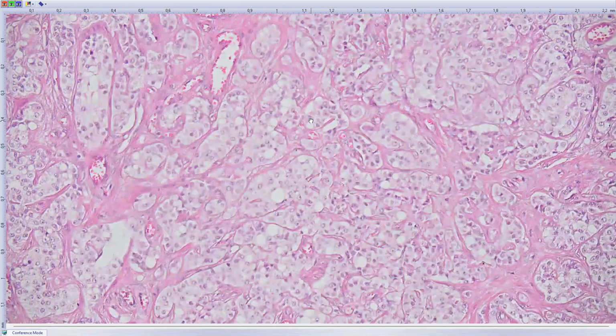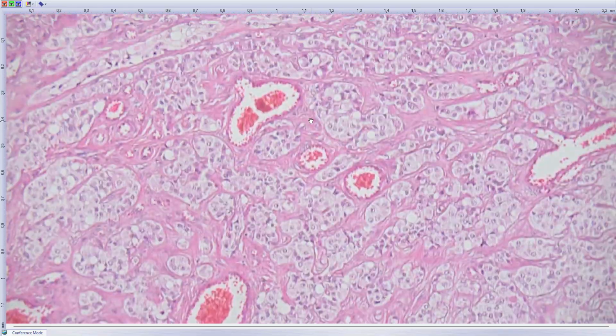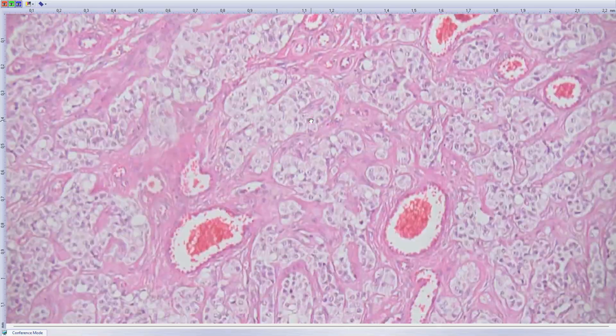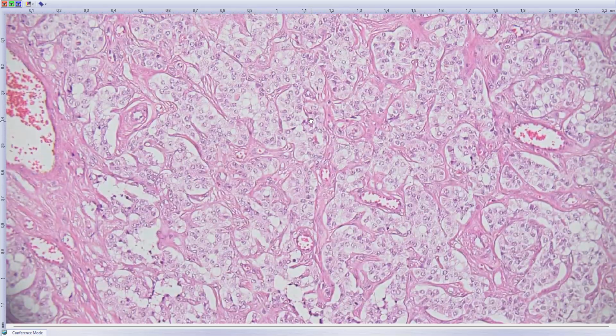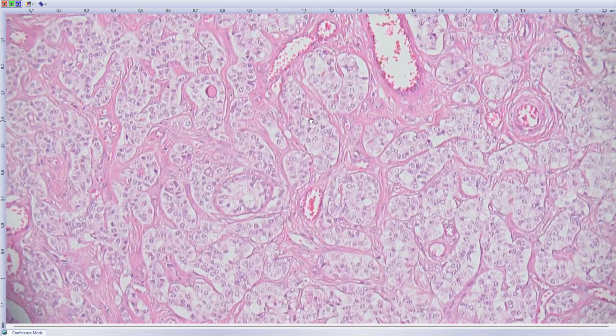supported by the fact that signet ring cell morphology can also be typical for solid pseudopapillary neoplasms of the pancreas if they are small.